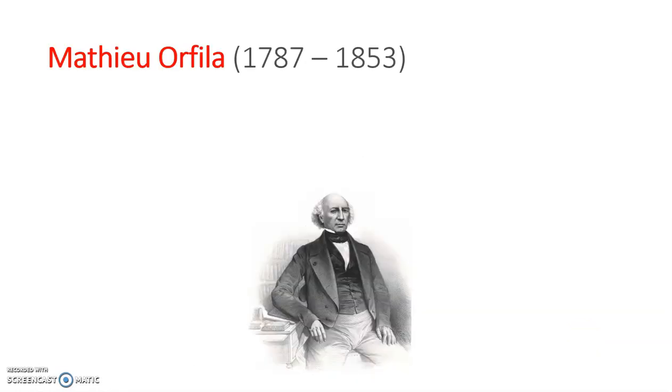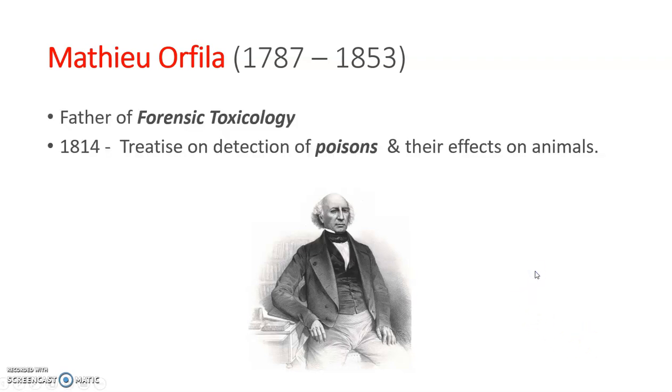Our next person is Matthew Orfila, if I'm pronouncing that correctly. He lived between 1787 and 1853. Here's a portrait of him. He is considered the father of forensic toxicology. He wrote a book they refer to as the Treatise on the Detection of Poisons and their Effects on Animals.